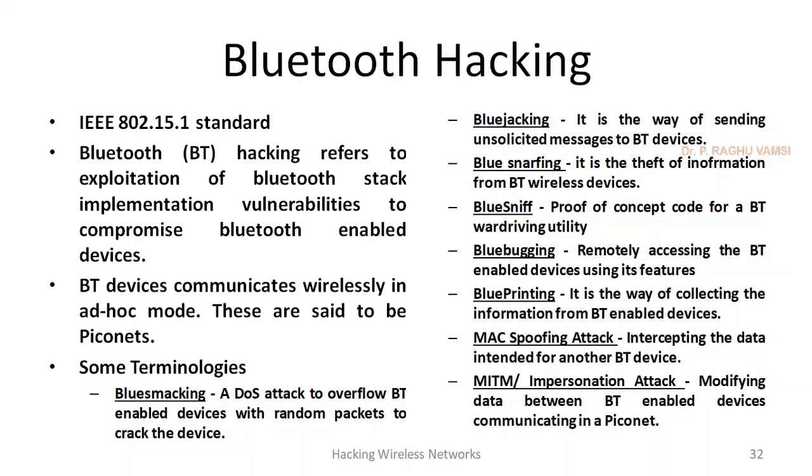There will be a special antenna and a USB adapter, and in that particular USB adapter you will find an effective range of up to 100 meters in free space. This is the first type of Bluetooth adapter.